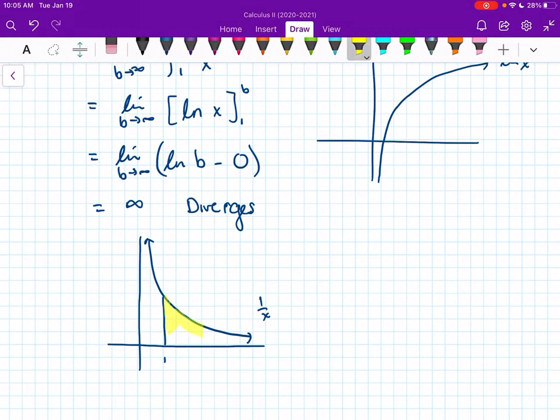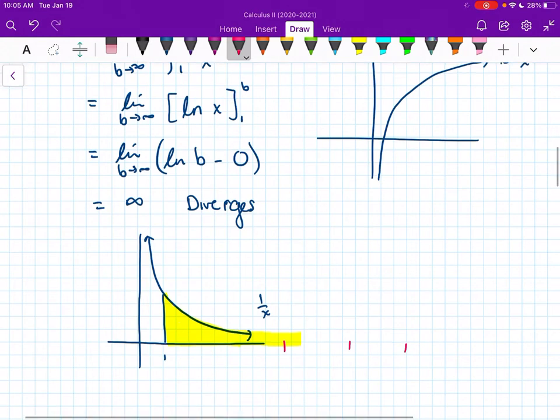And so what it means to diverge is that this area is never actually going to converge to a specific number. That area is always continually getting larger and larger and larger. And no matter what number you pick, however large, you can go far enough down on the x-axis that you will make sure your area is larger than whatever value you select. Okay, so infinite area there.